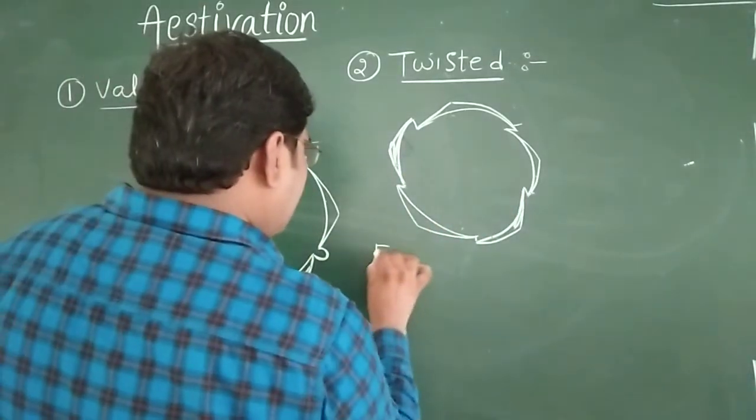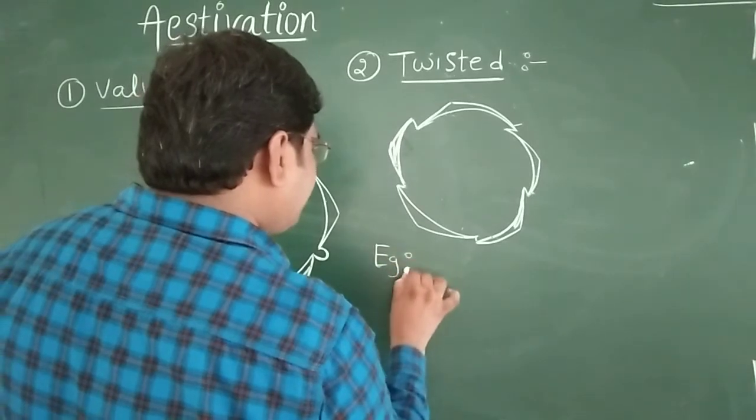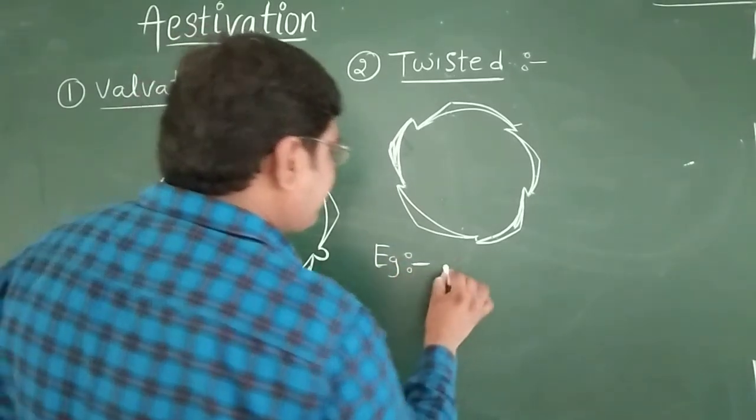What are the examples of twisted estivation?